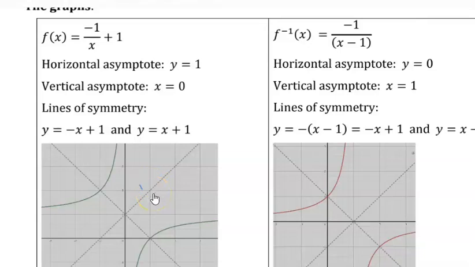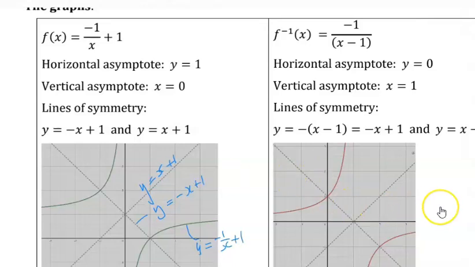This line of symmetry is y equal to minus x plus 1, because plus x shifted 1 unit up and minus x shifted 1 unit up, and this is the graph y equal to minus 1 over x plus 1.